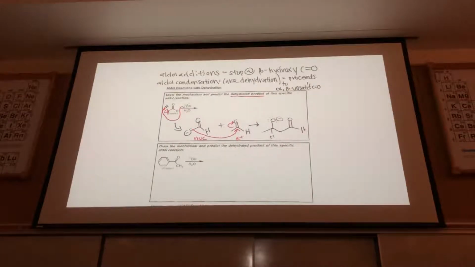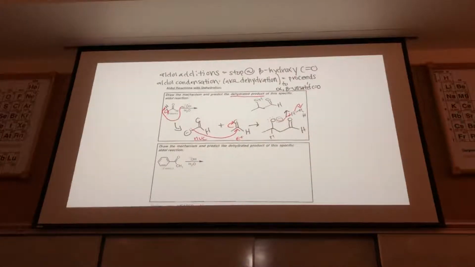All right, and then of course we protonate and we're done with the addition only. So I'm not going to belabor this mechanism every time, but I'm only doing it because we didn't do it since last lecture.